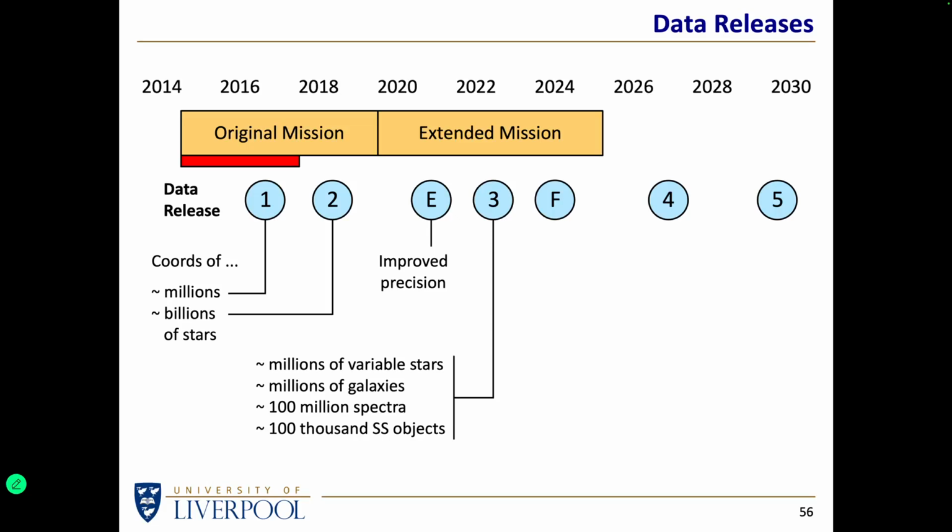It also, by accident, found a few 100,000 solar system objects that are moving in a way that is not consistent with distant stars. Some of those will be asteroids we know about, some of them were new asteroids. The galaxies were quite useful because some of those galaxies were quasars at enormous distances, many, many billions of light years.